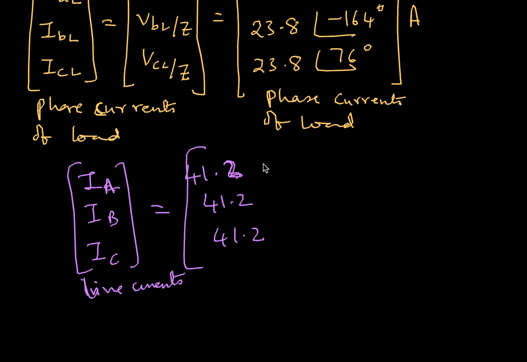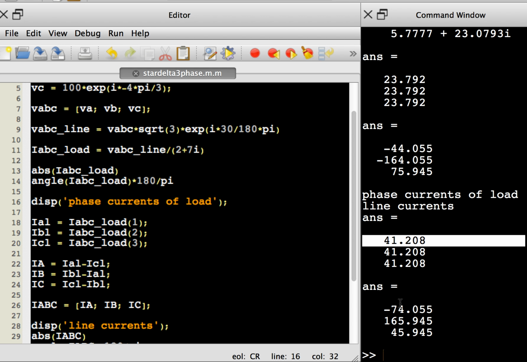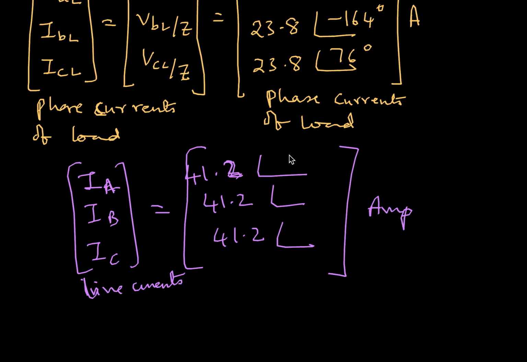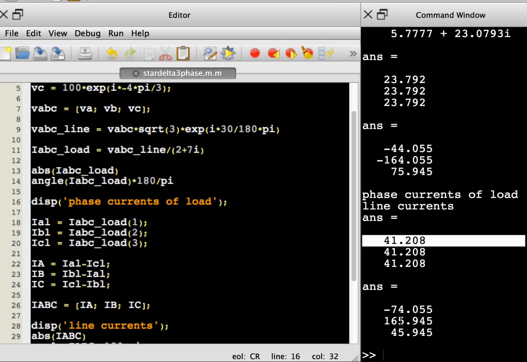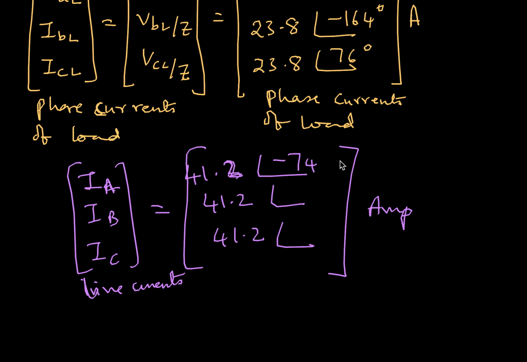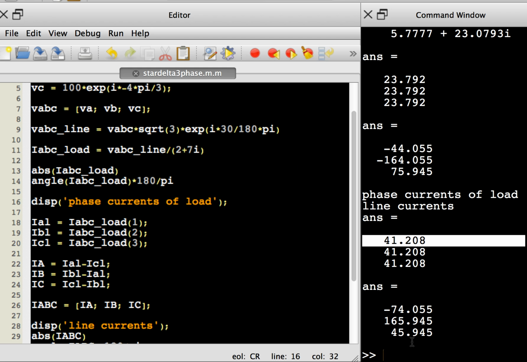It is a balanced three-phase system, so all will have the same amperes. What about the angle? This angle is minus 74, this angle is 166, and this angle is 46.